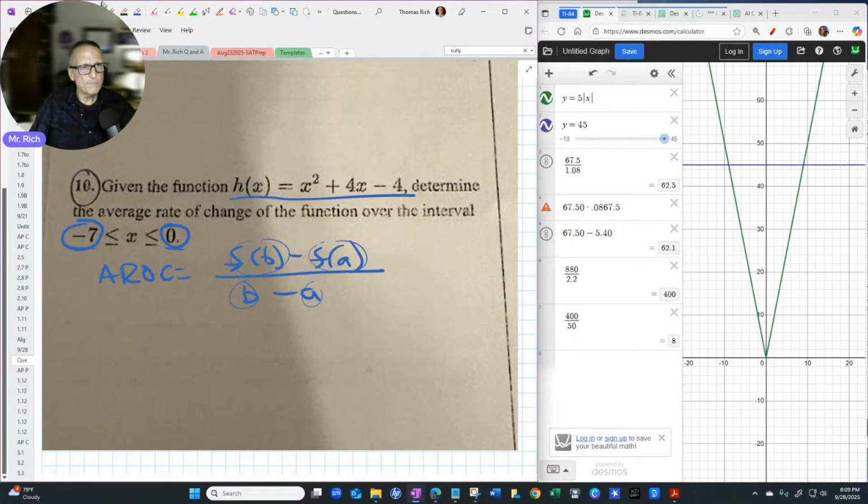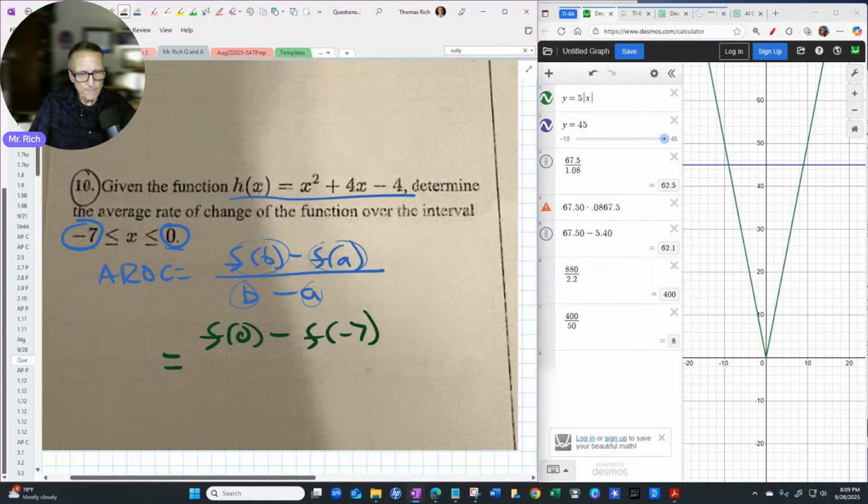For this problem, it would be f of 0 minus f of -7, all over 0 minus -7. So my denominator is going to be a +7.